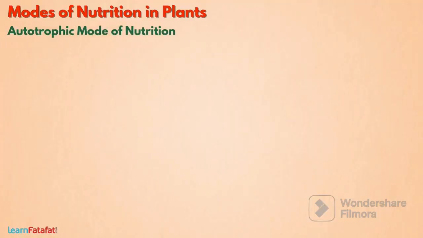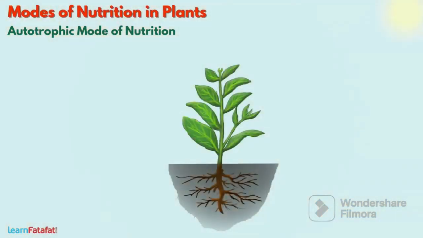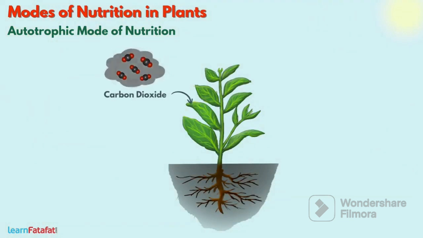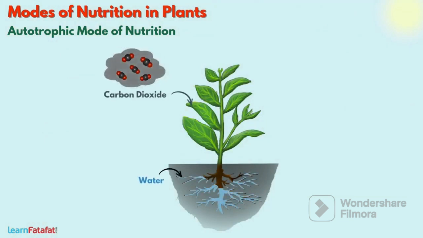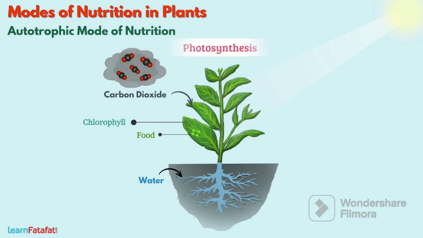About autotrophic mode of nutrition, green plants absorb carbon dioxide from air and water from soil. With the help of sunlight and chlorophyll, they convert these materials into food. This process is called photosynthesis.